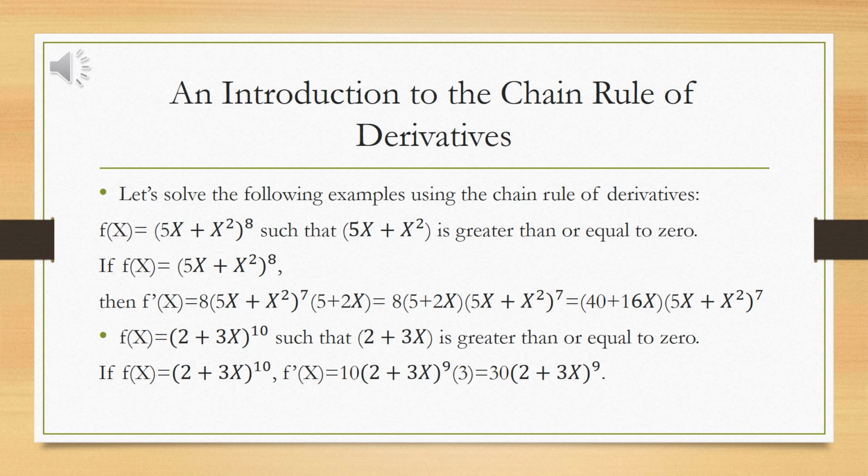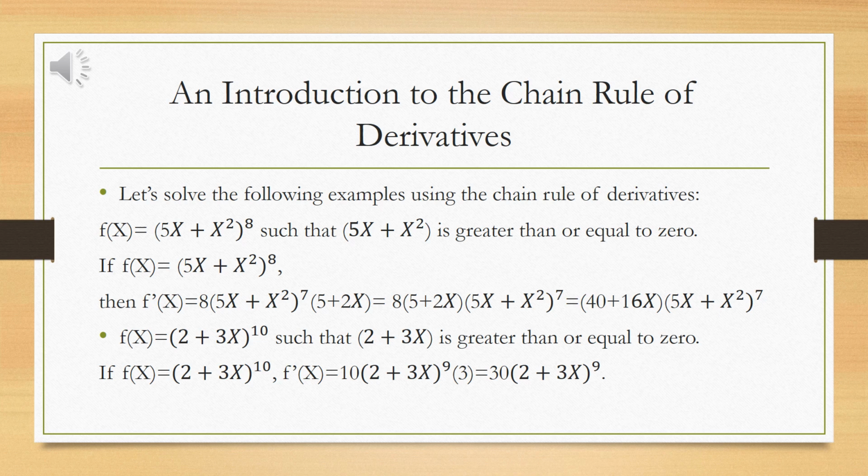So, f prime of x equals 8 times 5 plus 2x times 5x plus x squared to the power 7, which is 40 plus 16x times 5x plus x squared to the power 7.